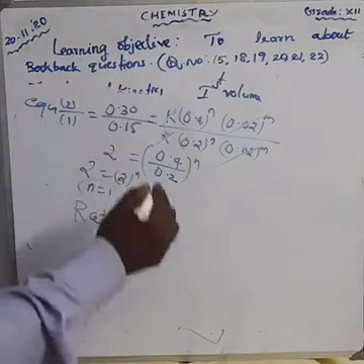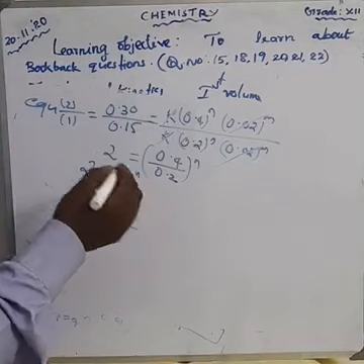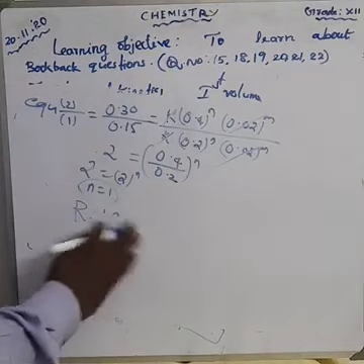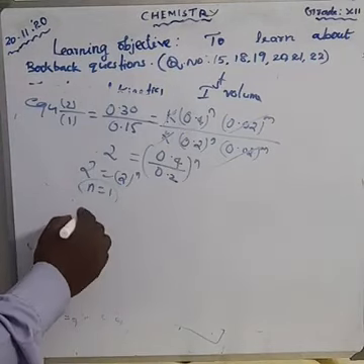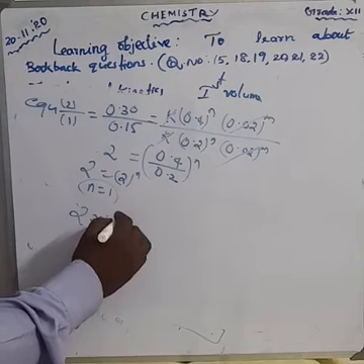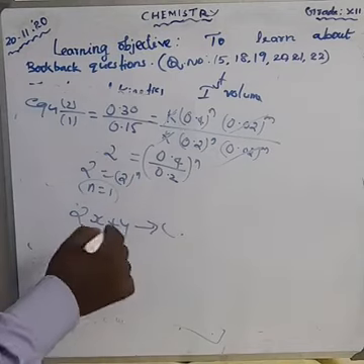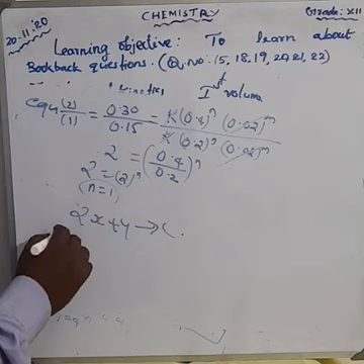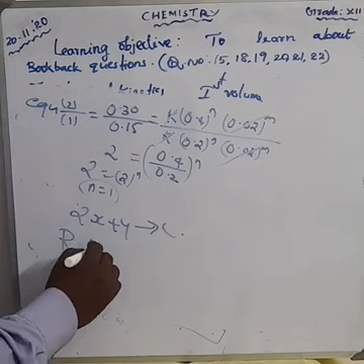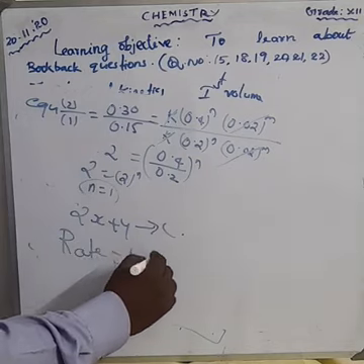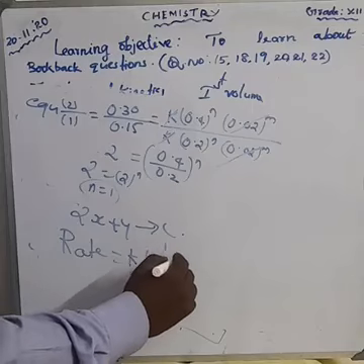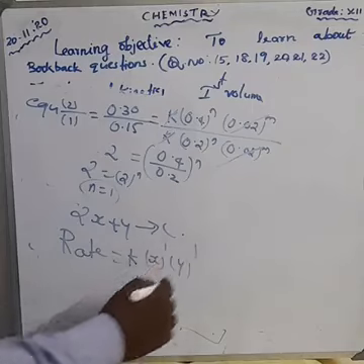As per the equation, what is the equation? You wrote the equation: 2x plus y gives n. So we can write the rate. Rate is equal to k into x1 y1.